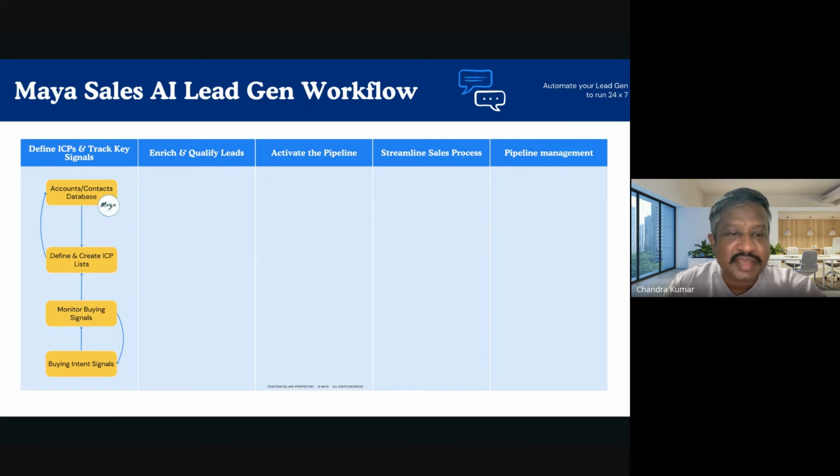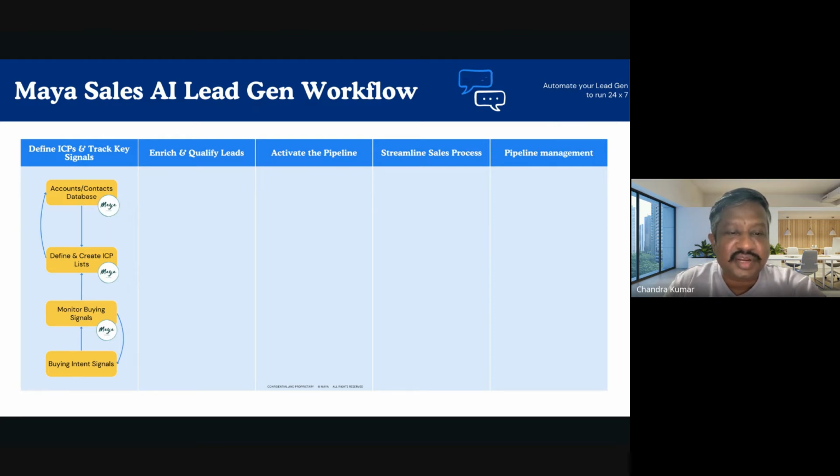Now, all of this, as I mentioned, in the world of AI is maintained and run by Maya sales AI. That is the solution from our company, Wisely Wise. Whether it is providing you a database of hundreds of millions of accounts and contacts, ensuring you have the technical competence and automation to define and create these ICP lists, or ensuring these buying signals are monitored with a two-way interaction with the providers of such buying intent signals, Maya takes care of this complete set of processes.